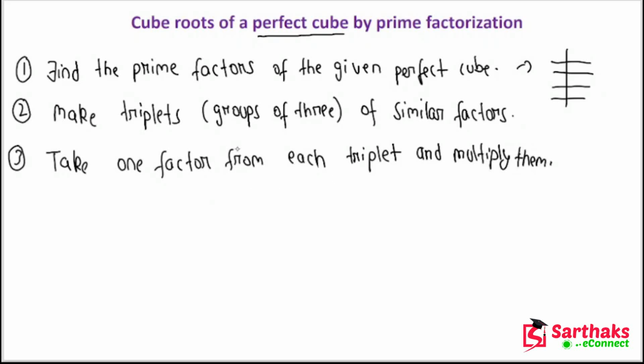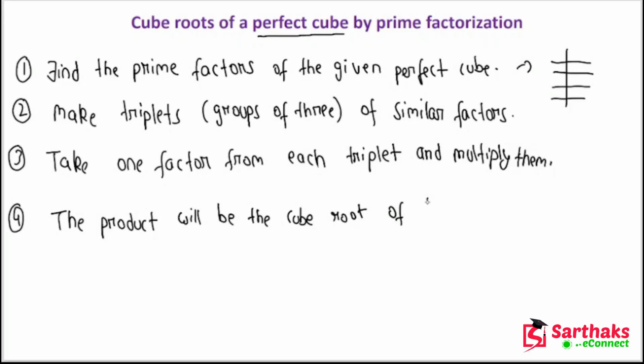Suppose you have 4 kinds of triplets, then you will have 4 factors in total, one factor from each triplet, right? And the fourth and final step is that the product which you have got in step number 3 will be the cube root of the given number.